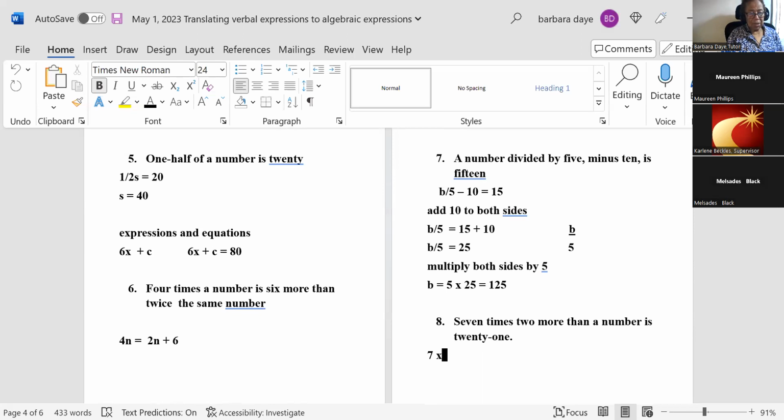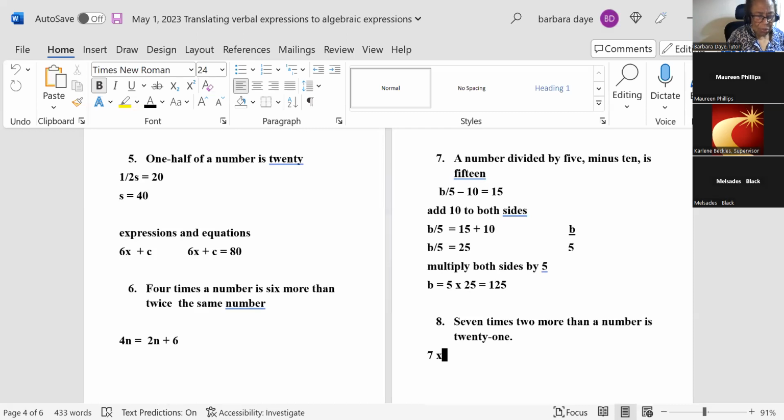Now, 2 more than a number. What would I write? 2n. What does more than mean? Plus. So how would I write 2 more than a number?